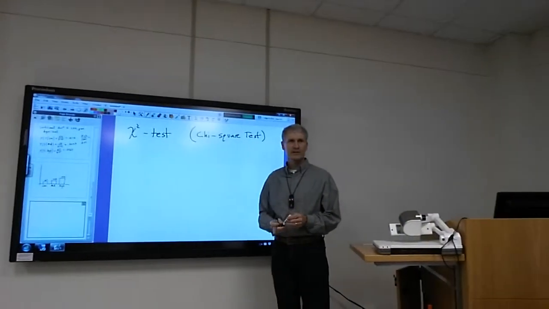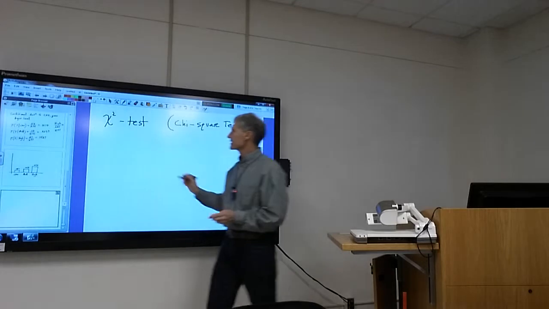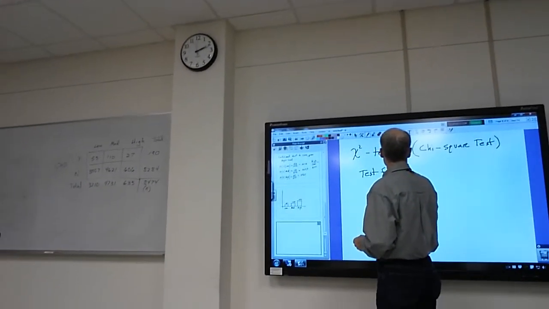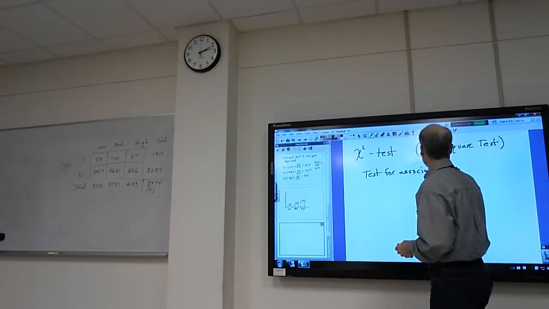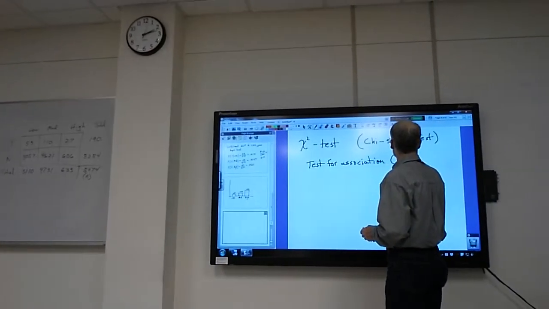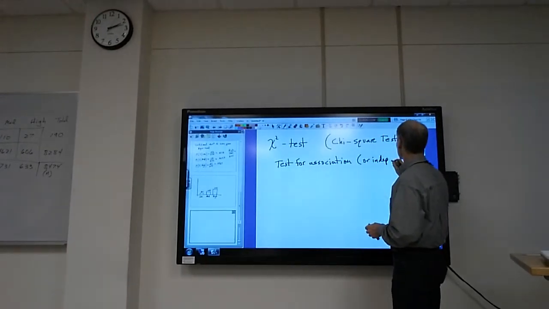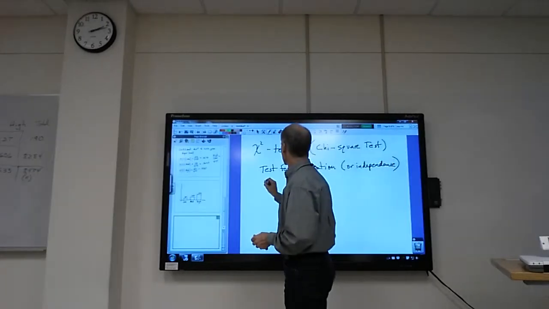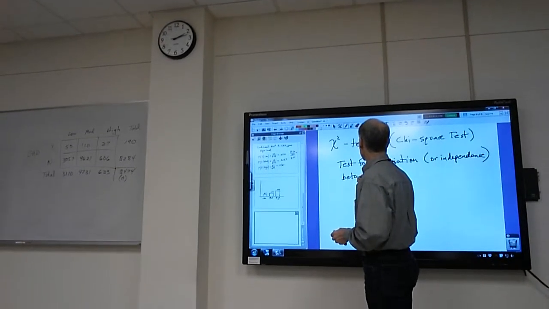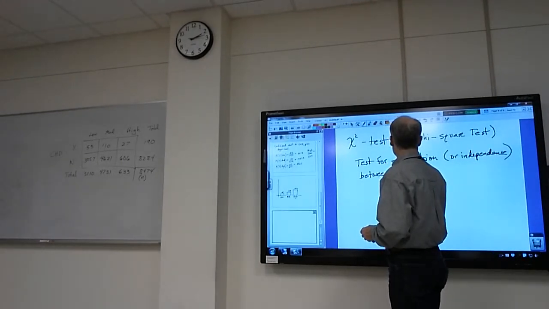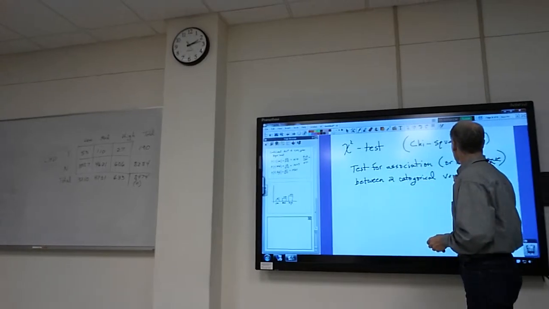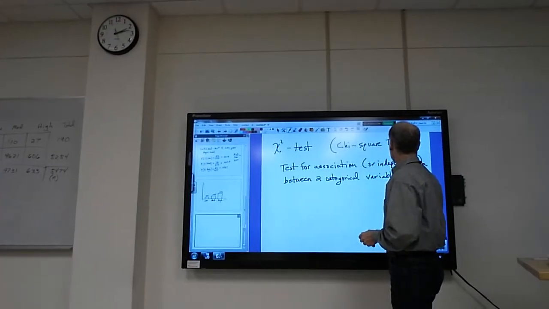Okay, so the chi-square test is a test for association, or equivalently, test for independence between two categorical variables.